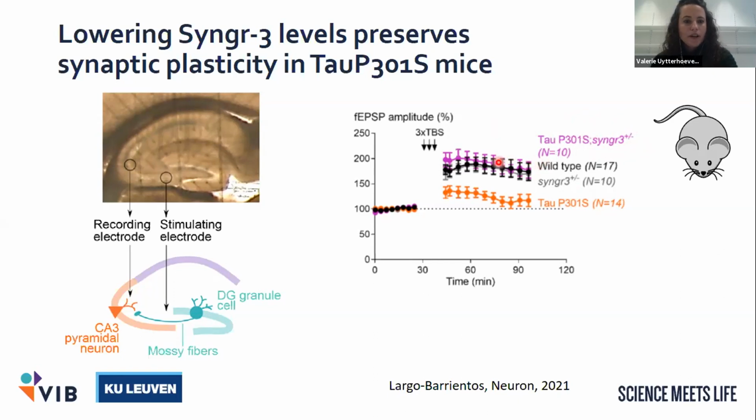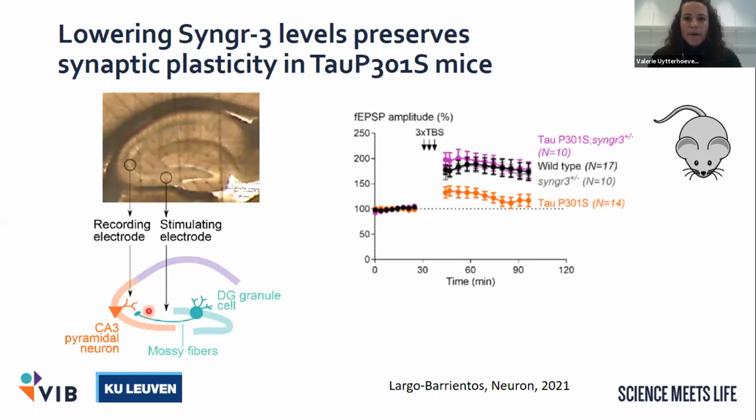We performed this LTP experiment at these CA3 mossy fiber synapses where tau accumulates in the beginning of the spread of the tau through the hippocampus.